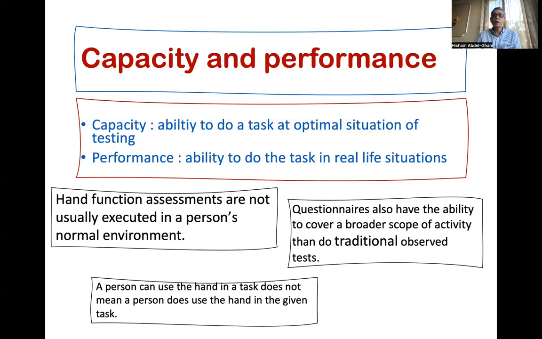That's why we need multiple tests to assess capacity and to assess performance. Assessing capacity, like the observational tests, does not assess performance. The patient-reported outcome may help in assessment of performance.